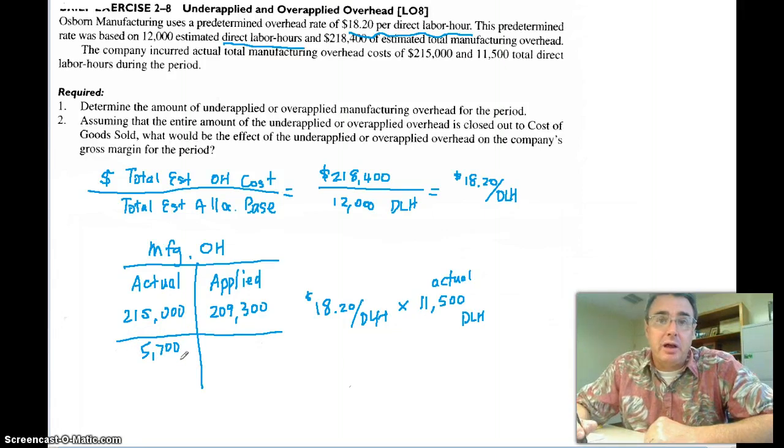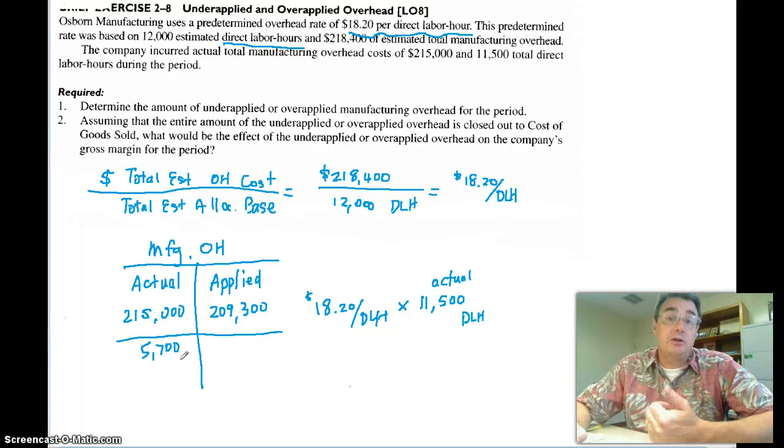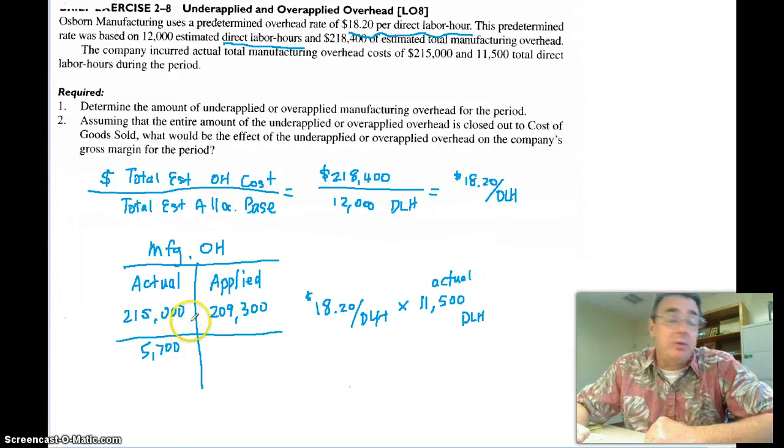Is that underapplied or overapplied overhead? It's a good test for you. Well, if you just read to yourself, we applied less than actual. If we applied less, that means we didn't apply enough, underapplied.